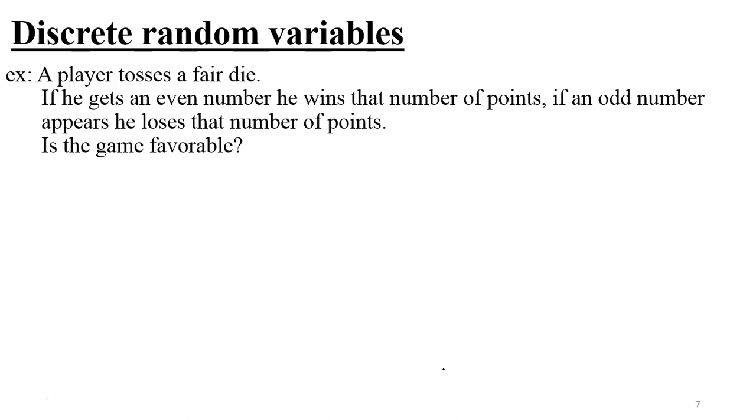Now over here, since this experiment consists of losing and winning, if his expected value is positive, it means that he is more likely to win than to lose. If the expected value is 0, it means that he is equally likely to win as to lose, then the game would be fair. However, if his expected value is negative, it means that he is more likely to lose than to win.